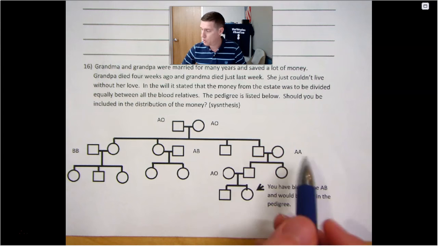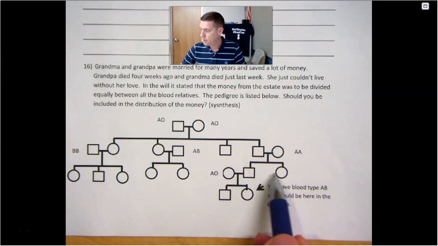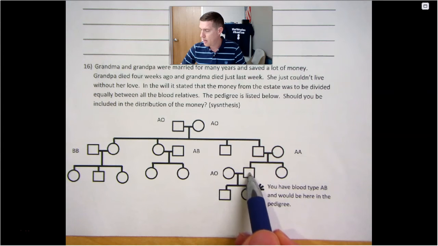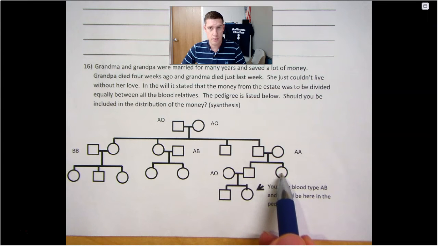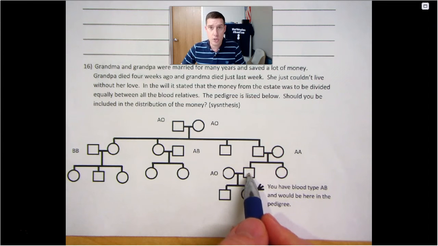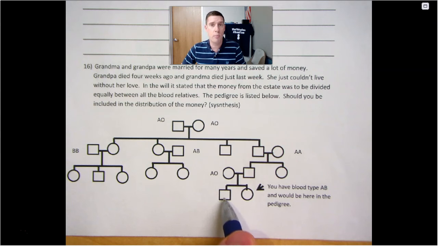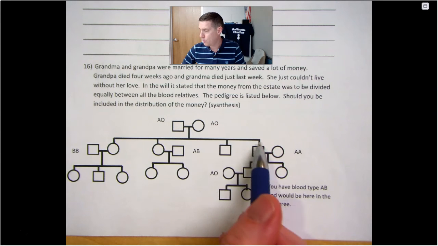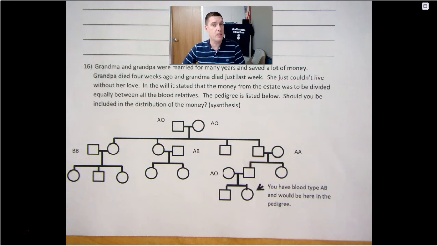You will get to run a Punnett square between these 2 to find your father and his sister, your aunt. Once you find his genotype, you'll run these 2 crosses, this cross here, to find you and your brother. And this should tell you right in here, does your blood type line up with the people above you in the pedigree? If it does, then you're in the money. And if it doesn't, you're out.